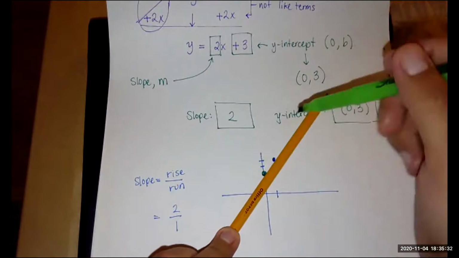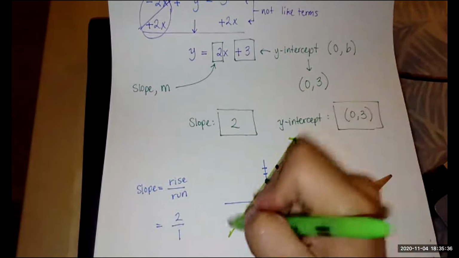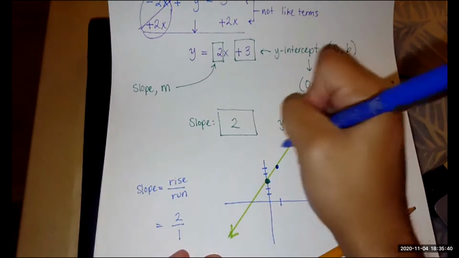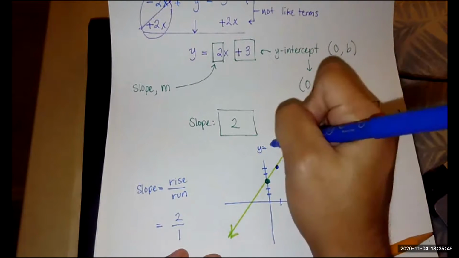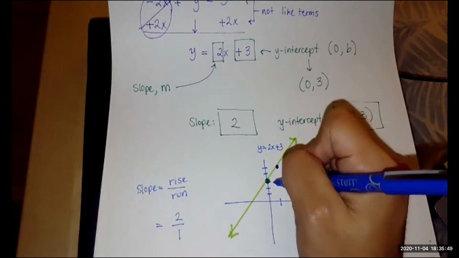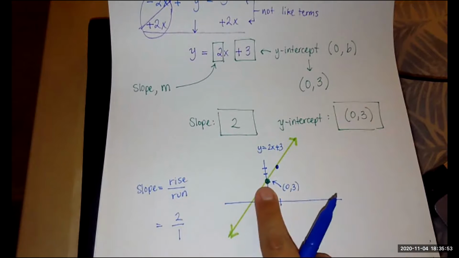Obviously, Hawks is going to do this for you, but draw a line straight through those 2 points. And so that's our equation right here. This line is represented by the equation y is equal to 2x plus 3, where this point is 0 comma 3. That's the y-intercept.